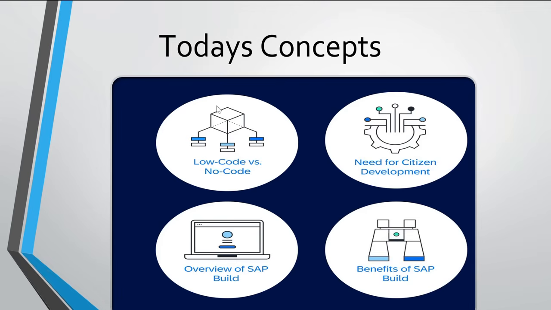So with low-code and no-code development, we can create custom applications without extensive coding knowledge. And with SAP Build, we have access to a suite of tools and services that make it easy to create tailored solutions that meet your specific business needs.